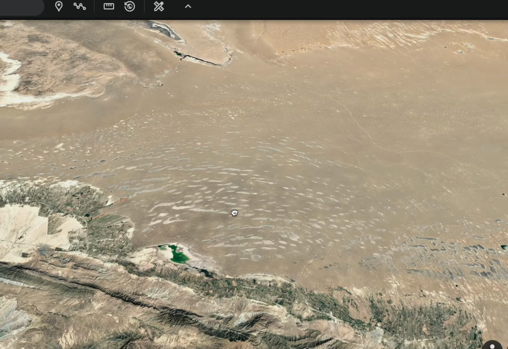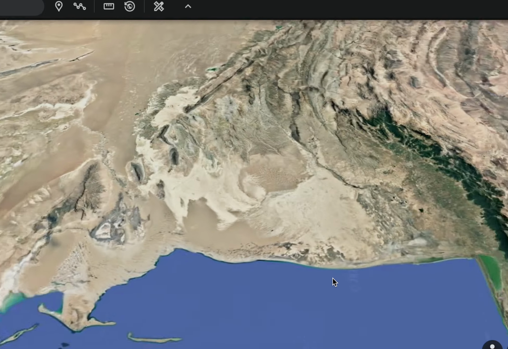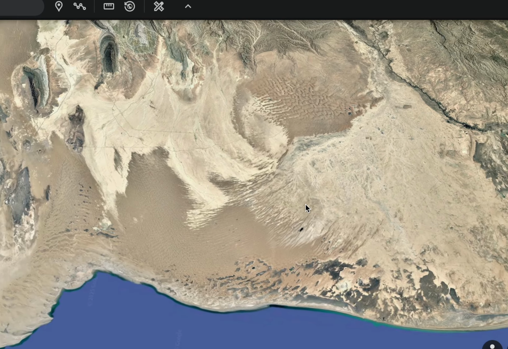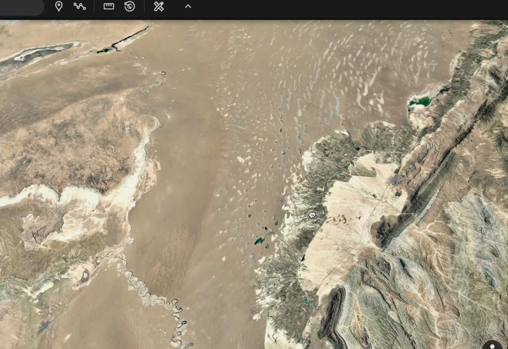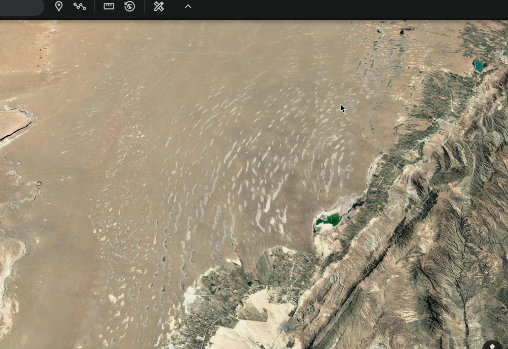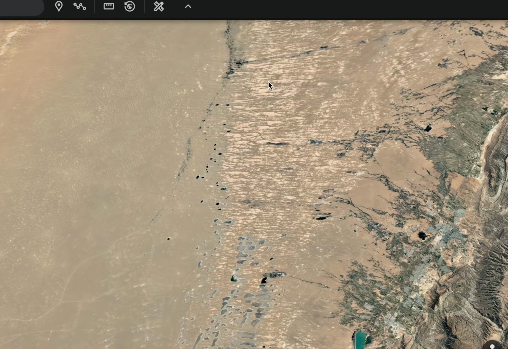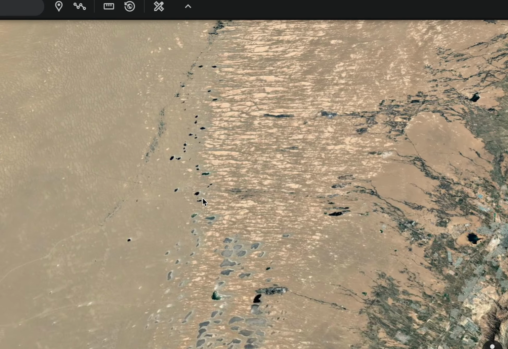Now this location is pretty sweet. Okay, so we're right by the Turkmenistan swirl. Shout out to the Turkmenistan swirl. But this location here also has a nice curve to it. Right, so we go up here, we find drumlins, we find scours.